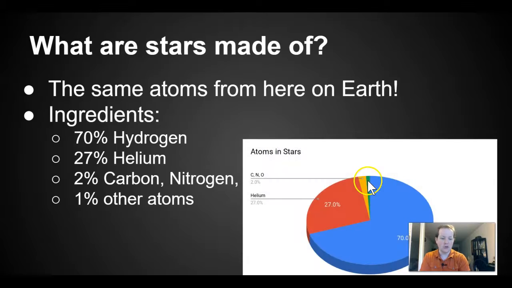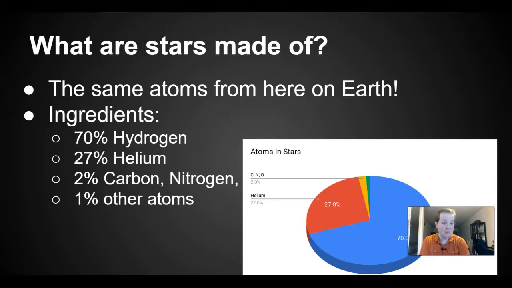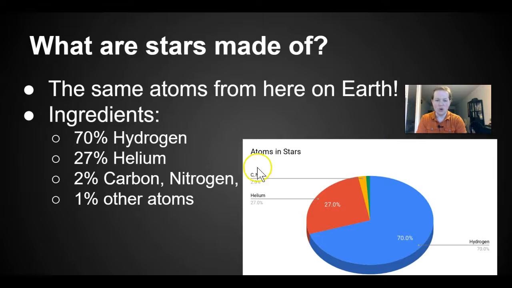Okay, Mr. Thrasher has a diagram. I'm going to move my picture. Ooh, look at this. This is showing the same thing. So look at blue. A lot of hydrogen. We have a bit of helium, carbon, nitrogen, oxygen right here, and then green is some other types. But this is what's important. It's the same type of atoms. And now you've learned how scientists have found this. It's not just Mr. Thrasher just telling you.